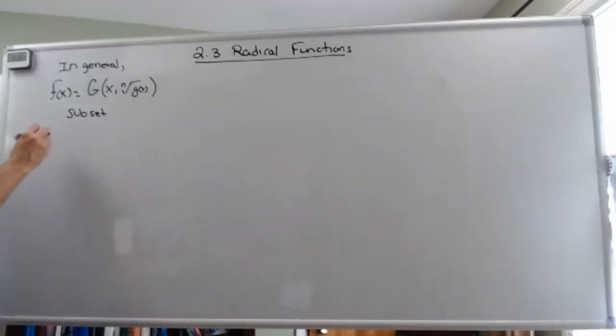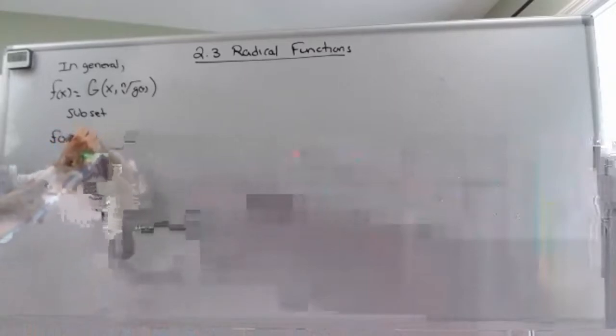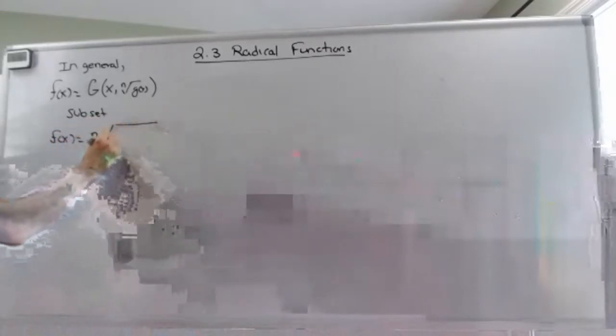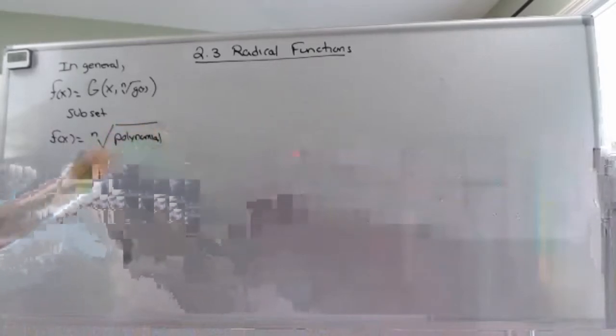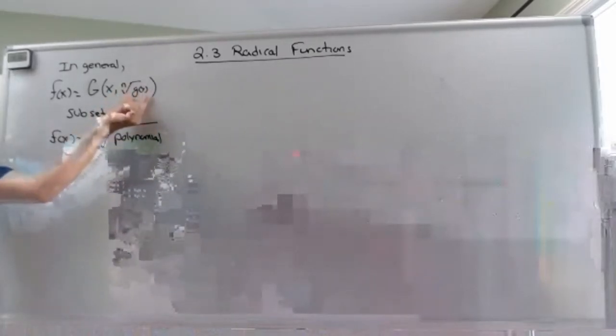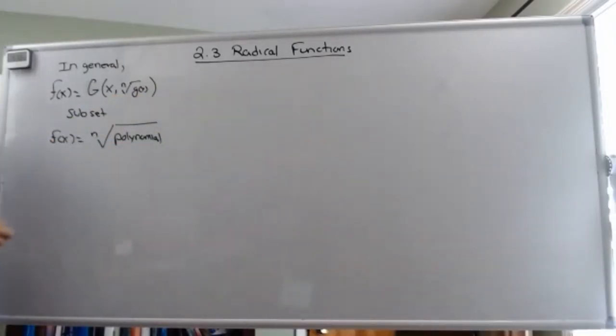And what we want to look at is our f of x is some nth root of simply a polynomial function. So instead of anything, we'll just put a polynomial in here, because in general, we could look at some other functions, because this is under the umbrella of the algebraic. So it has to be a polynomial function to satisfy it. Although you could put absolute values and other things in there as well. But we even want to go into a smaller subset.